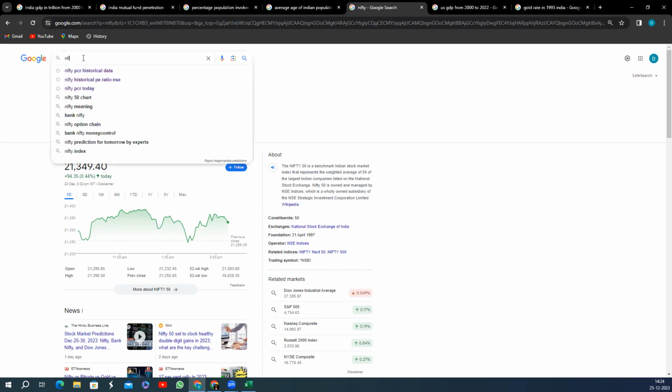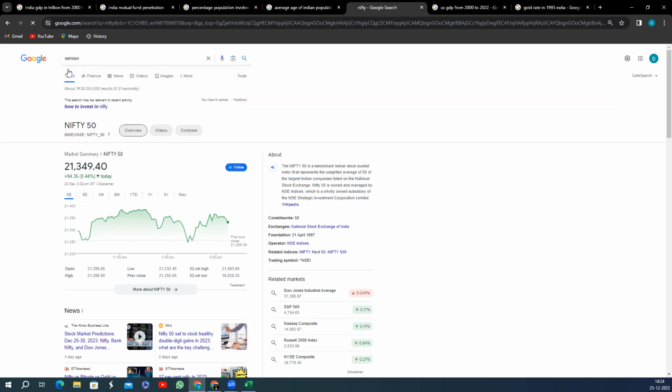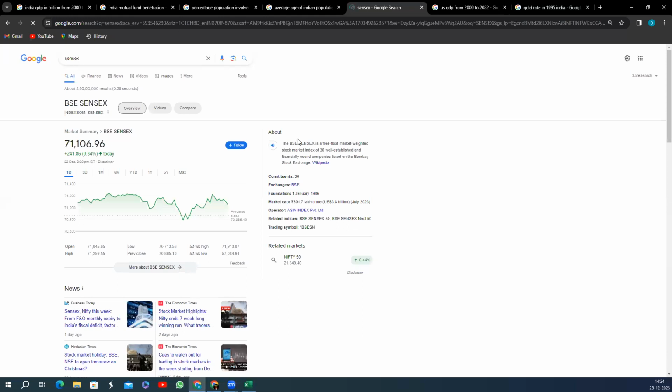Similarly for Sensex, we have the Bombay Stock Exchange. The BSE Sensex index represents the 30 largest companies on the basis of market cap. So these are the two exchanges where we invest in the largest companies of the Indian market.